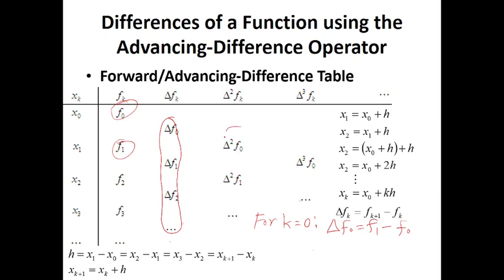Then these are the second differences of the function: delta squared f sub o, delta squared f sub 1, and so forth. Then we also have the third differences of a function: delta cube f sub o, and so forth. This is what we call the advancing difference operator.